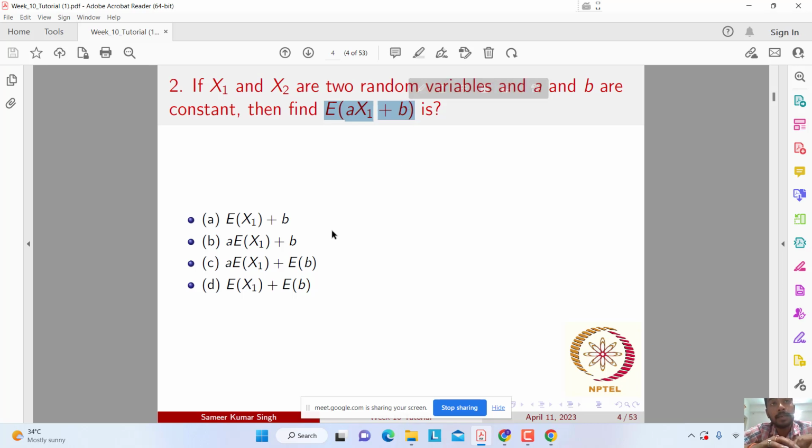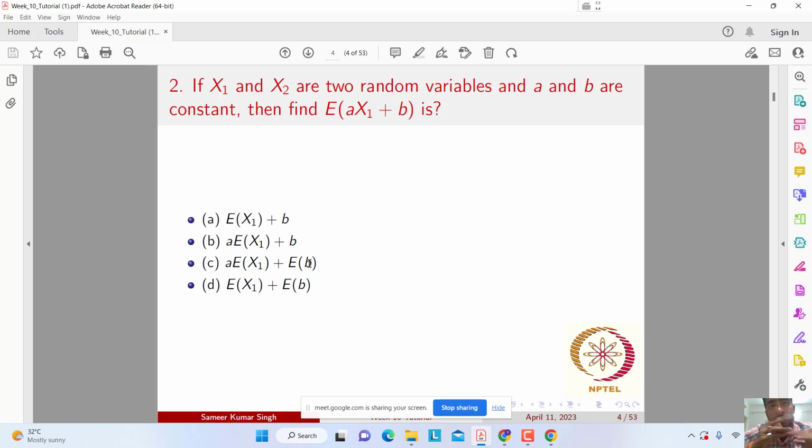Ramsri, I am saying that you are saying option C. Just think, b is a constant, and whenever you find the mean of any constant, what will you get? It's the constant, right? Suppose b is your constant, not a random variable, and you are trying to calculate the mean of that.